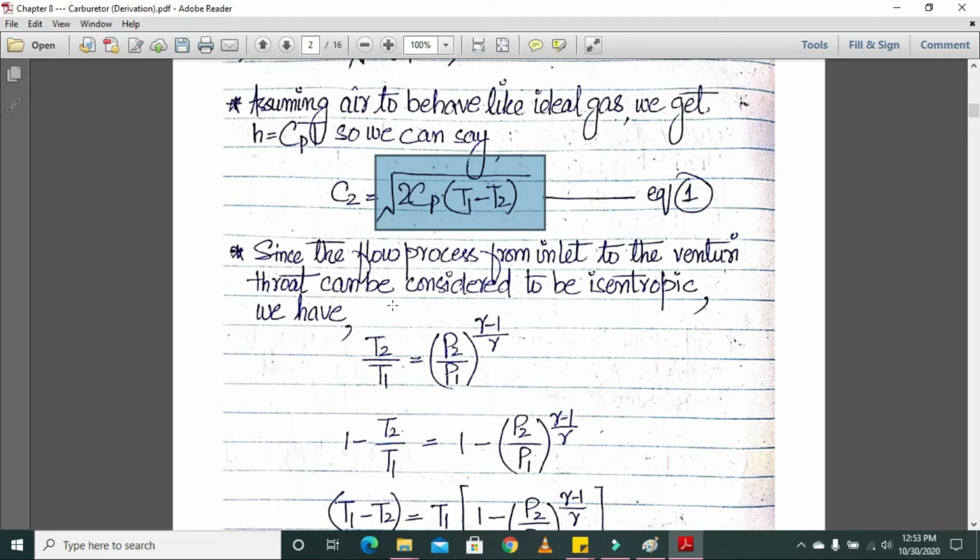So we are basically considering that effect in the Venturi throat of this carburetor, and we are applying the isentropic relation at state 1 and 2.